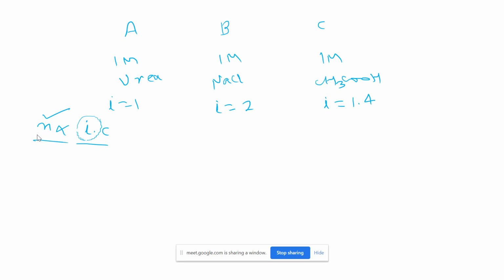So the number of moles of solute will be directly proportional to i into C. So what is i into C here? It is 1 into 1 here, 1 into 2 here, 1.4 into 1 here. So the values you get are 1, 2 and 1.4. Okay, done till now.